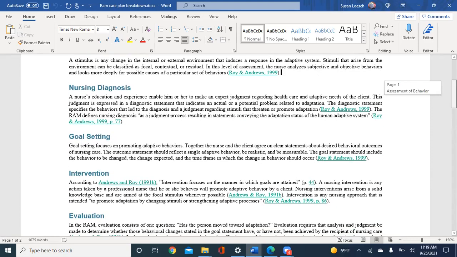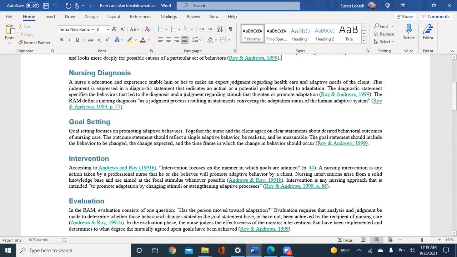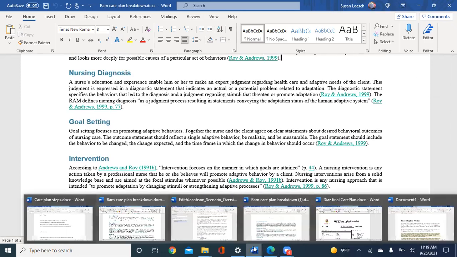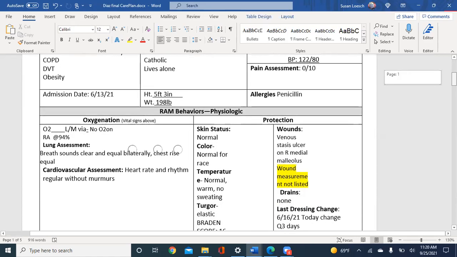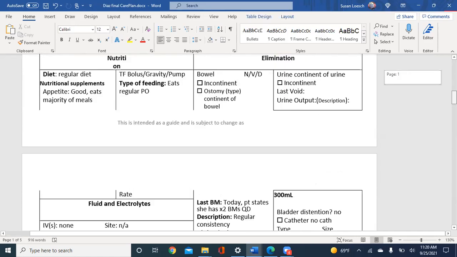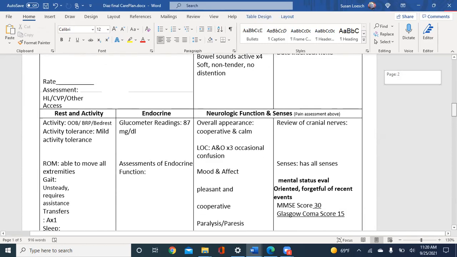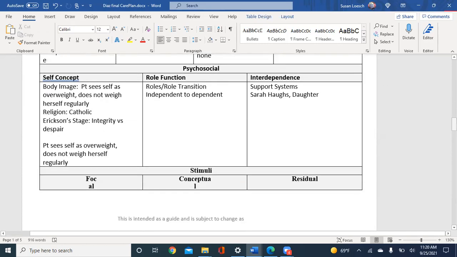Role function. So when we talk about role function, how is her function and her role going to change? Right? It's already changed for her as she's gone through her life. And Erickson talks about this a little bit. So if you notice down there about midway down the care plan, you'll see psychosocial, self-concept, role function, interdependence.